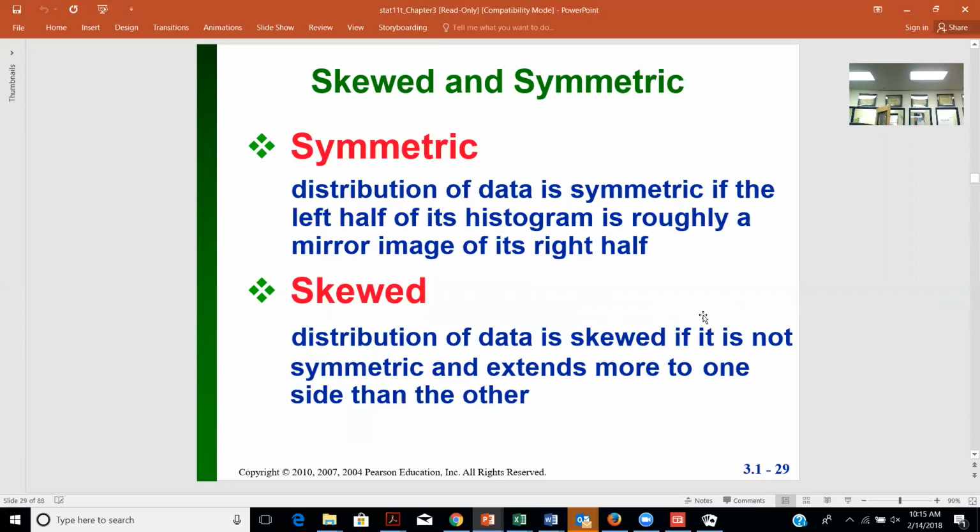Let's take a look at a histogram of the data on pulse rate in women.